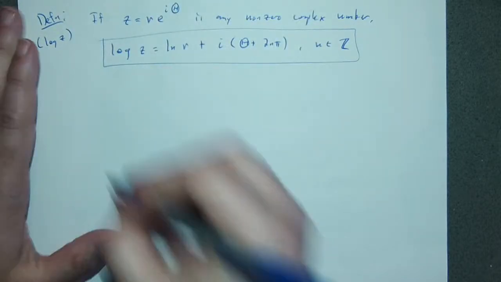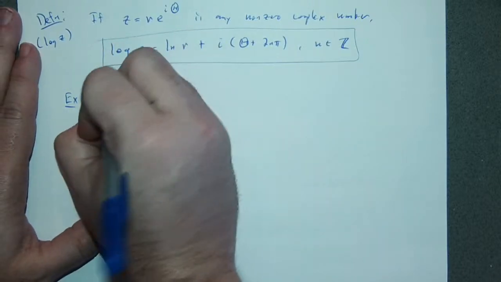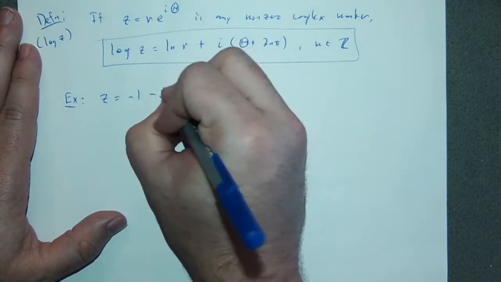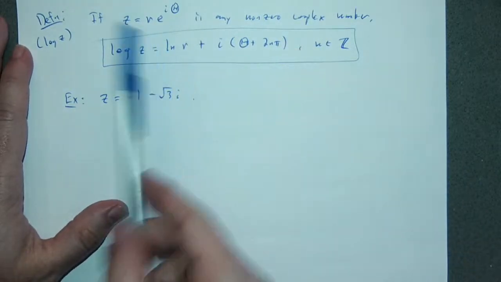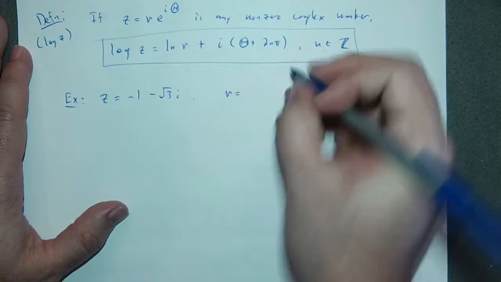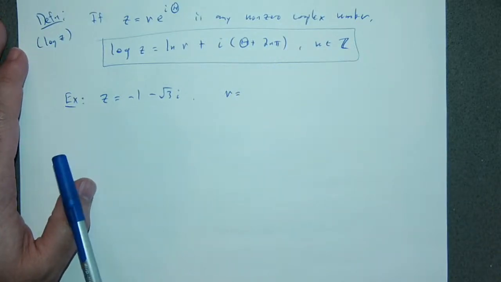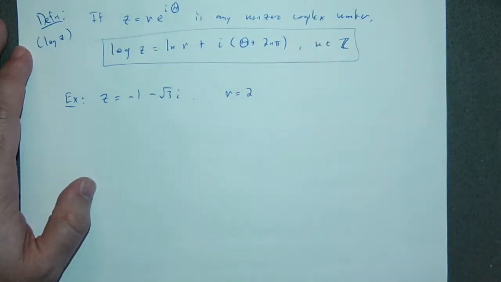Okay, so let's do a quick example. Let z be minus 1 minus square root of 3 i. Then immediately writing it in polar form, r is equal to the square root of minus 1 squared plus minus root 3 squared. So this is square root of 4, or 2. So r is equal to 2.